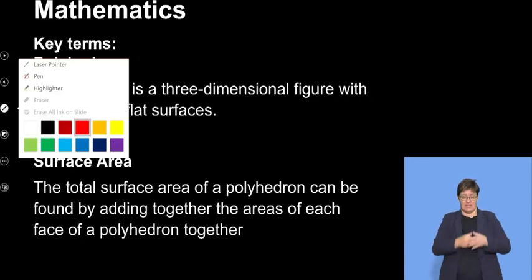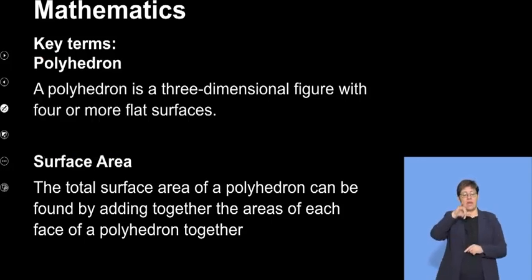Cool, so just a bit of revision. A polyhedron is a three-dimensional figure with 4 or more flat surfaces. So just a bit of a reminder, this is a 3D shape that we could potentially hold versus a 2D shape which is on a flat surface. Because a polyhedron is a three-dimensional figure, I can calculate the surface area.